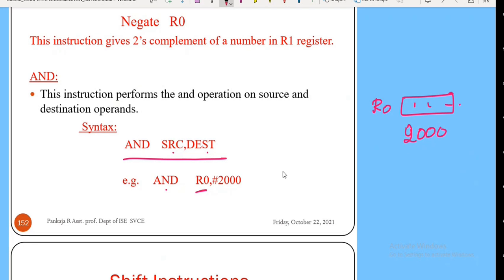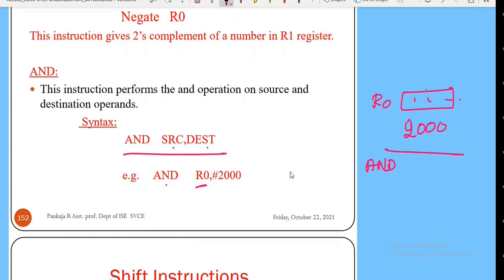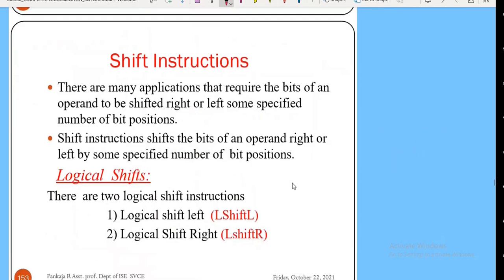It is going to be in binary. Just for understanding purposes, I have written it in decimal. Internally, it is going to convert 2000 into binary and the content of R0 to binary. Then it will perform the bitwise AND operation.